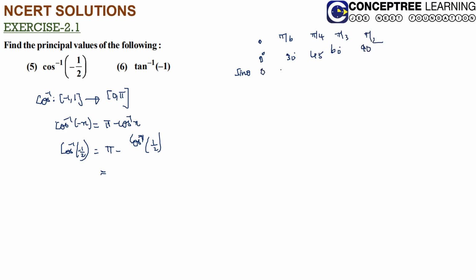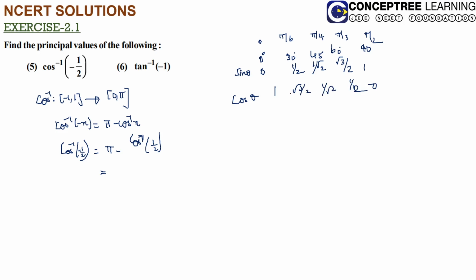So sine 0 is 0, sine 30 is 1 by 2, sine 45 is 1 by root 2, sine 60 is root 3 by 2, and sine 90 is 1. Here cos is exactly the reverse of sine: 1, root 3 by 2, 1 by root 2, 1 by 2, and 0.